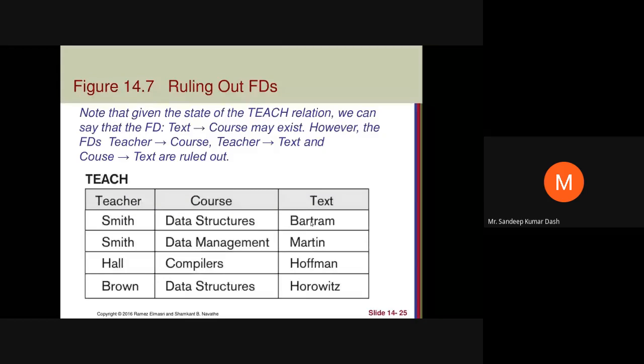Now see the case of text and course. Between text and course, suppose this is X, this is Y. So tell me whether text and course will be functionally dependent or not.